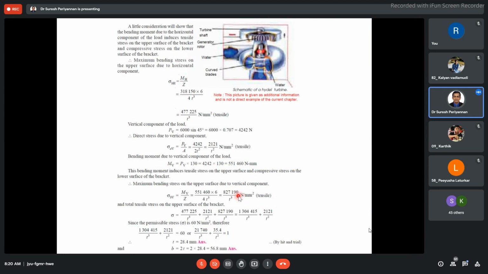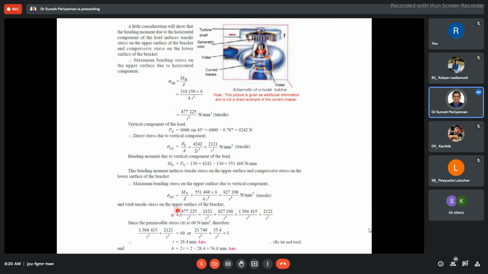Now the total tensile stress is the summation of these stresses. On the top surface, the direct tensile stress and the stresses from the horizontal and vertical bending moments are all tensile, so there are three tensile stress components.